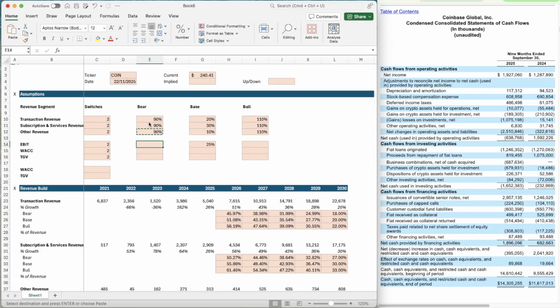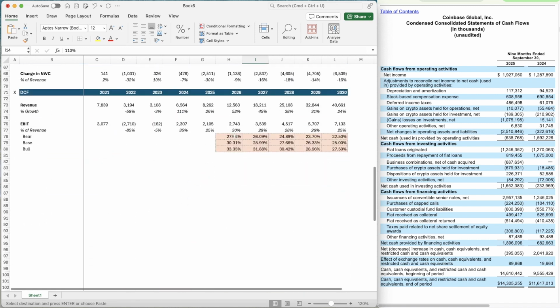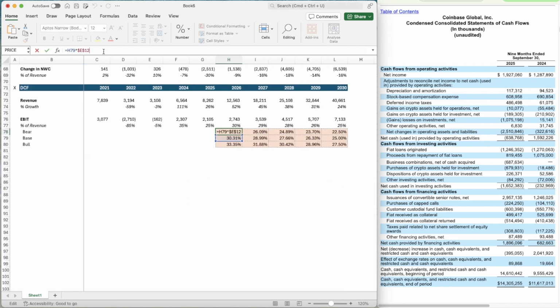Again, 90, 110 gives us a wider scope for more volatility. To work out the forecasted EBIT, we just take the revenue, multiply it by the margin.